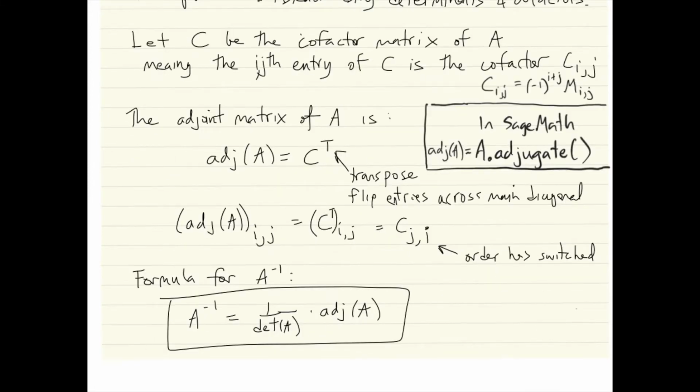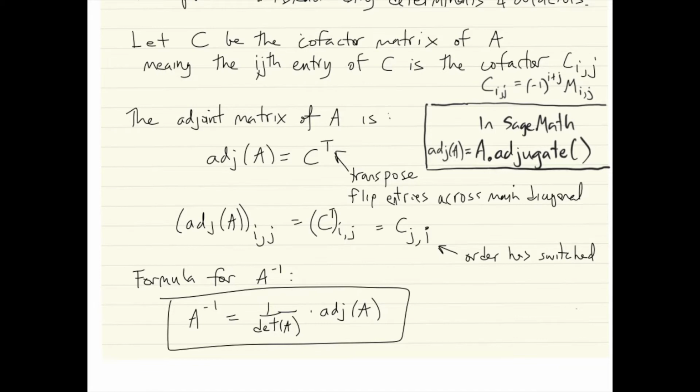Next, we take the transpose, or basically flip this cofactor matrix along the main diagonal, and that gives what's called the adjoint matrix. In SageMath, the command for finding the adjoint is a.adjugate.